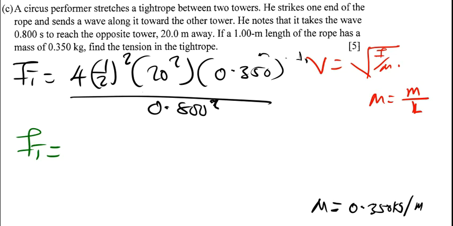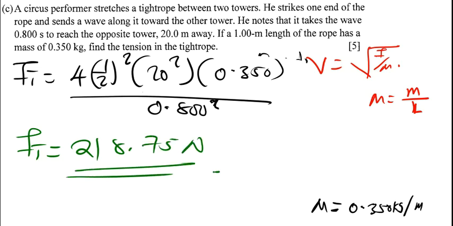Then 20 squared times 0.350 is 140. Now this 140 divided by 0.800, now we square it. So the answer I'm getting is 218.75 newtons. So that's the answer for this question.